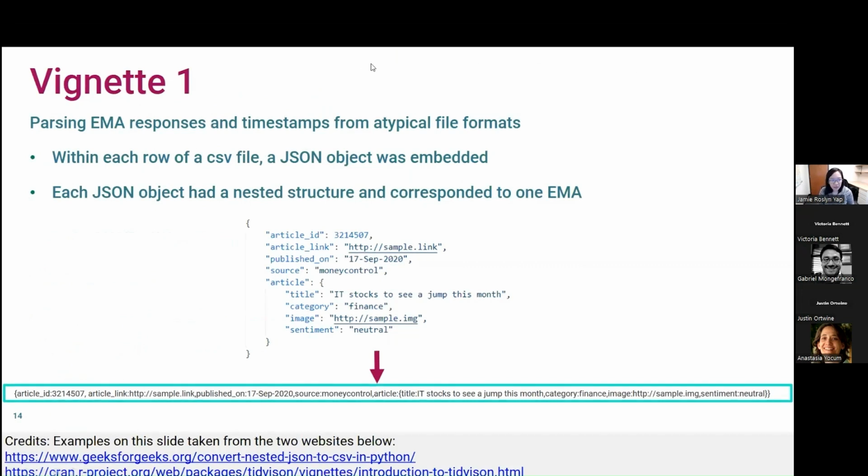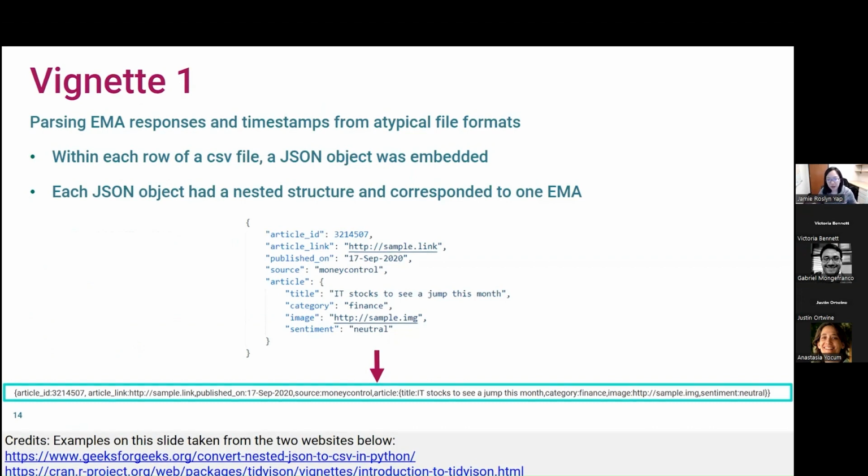Let's talk about the challenges that we faced in constructing the primary proximal outcome for this study. One challenge was that the EMA responses and the timestamps associated with the EMA responses are stored in atypical file formats. For example, imagine a CSV file, and within each row of the CSV file, a JSON object was embedded.